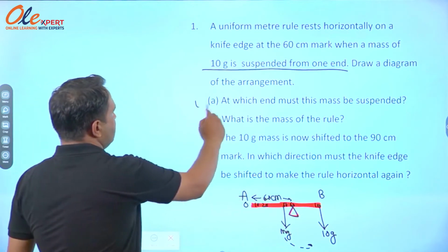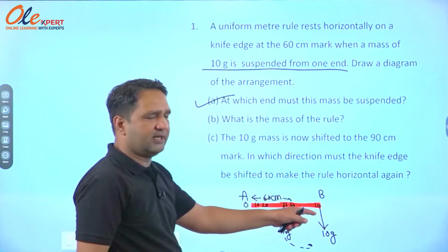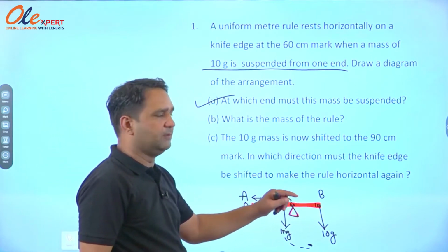So the first question is, at which end must this mass be suspended? Now we know that it will be suspended at side B.